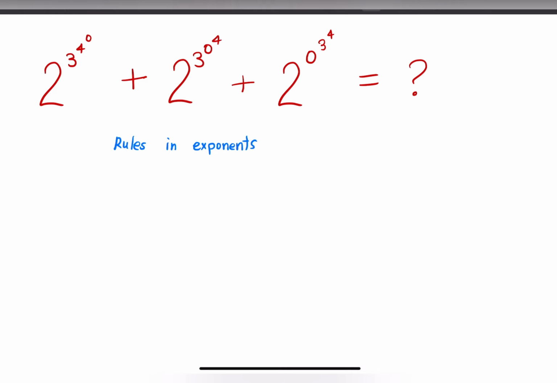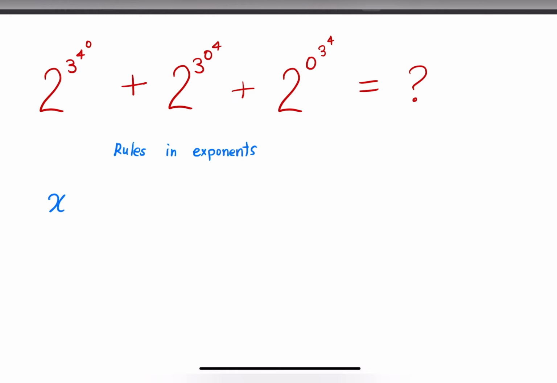So if you have x or 1 or -1 or -5 or 6, no matter what number you have, if you raise this number to 1, it will always give you back your original number. So that means x to the power of 1 is x, and y to the power of 1 is y. -1 to the power of 1 is also -1. So this is the first rule that we're going to talk about today.